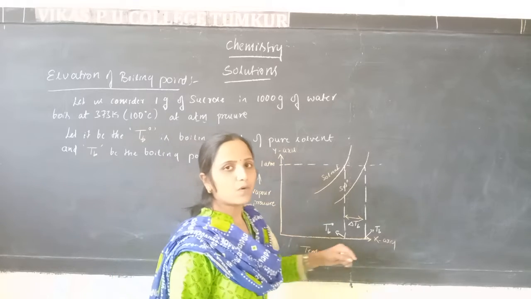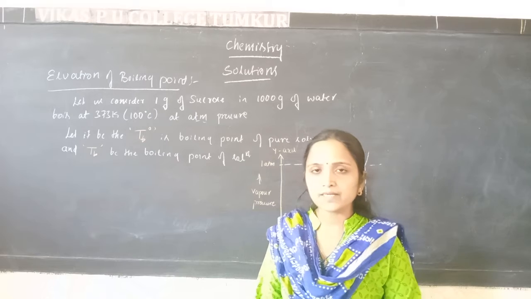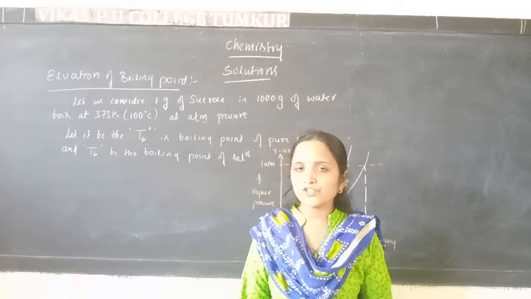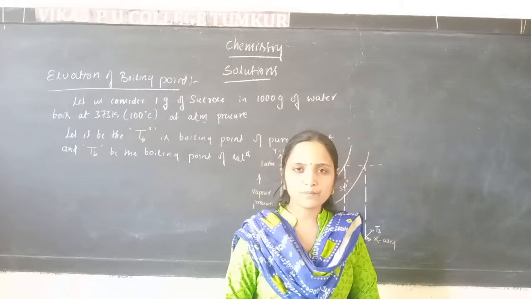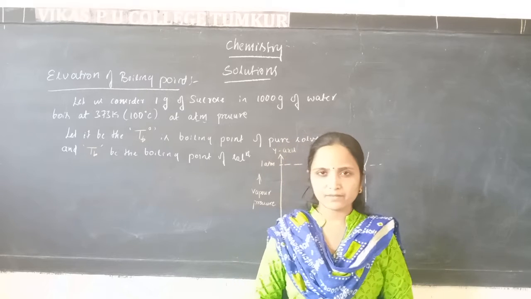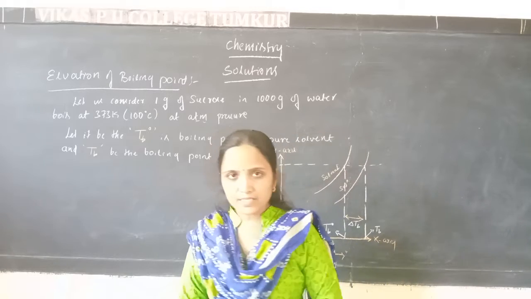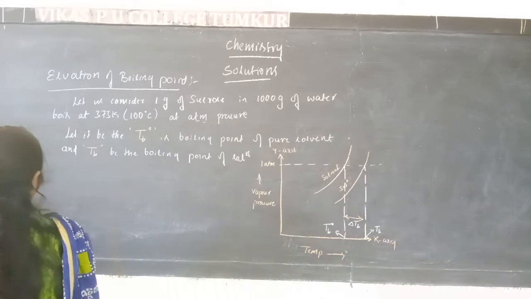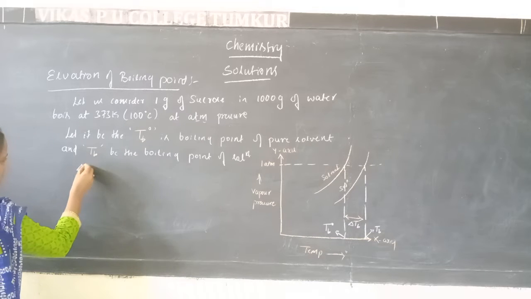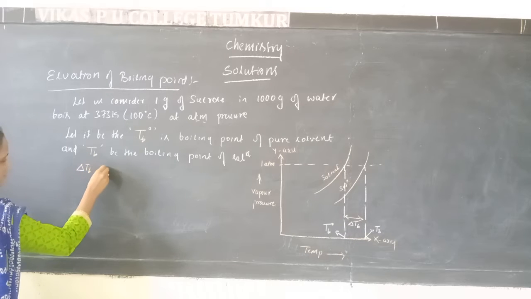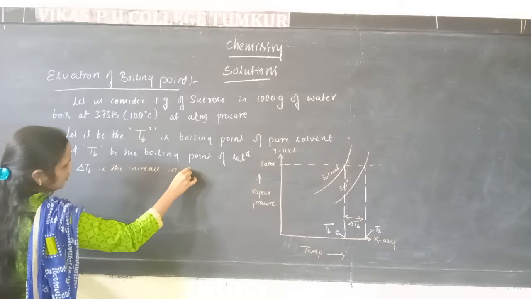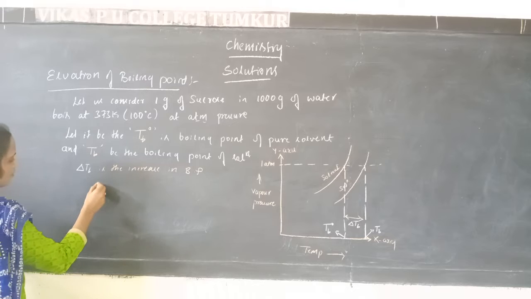The increase in the boiling point after adding a non-volatile solute to the volatile solvent is called elevation of boiling point. We denote the increase in boiling point as delta TB.